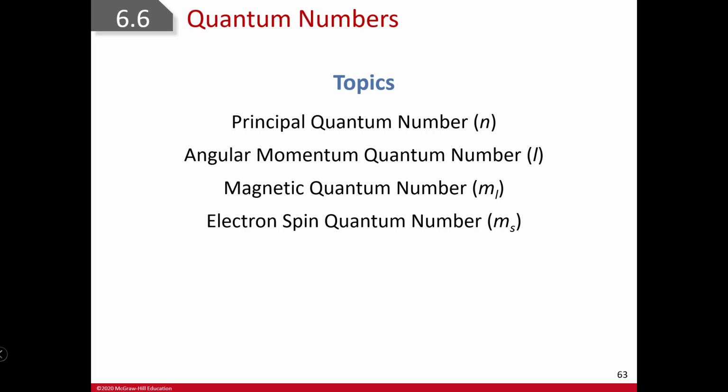The magnetic quantum number, the word magnetic means we've put the atom into a magnetic field, and it causes splitting to occur, and we start to see different orientations of where the electron is in relation to the nucleus. And then the last quantum number is whether the electron itself is spinning clockwise in a magnetic field or counterclockwise in a magnetic field. And so that's called the spin quantum number.